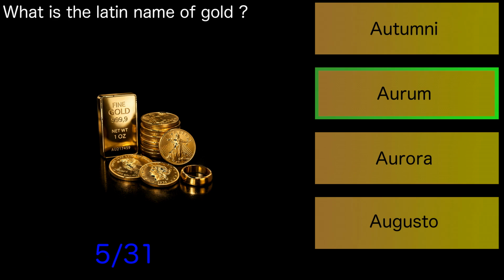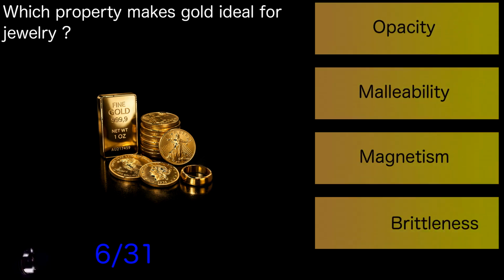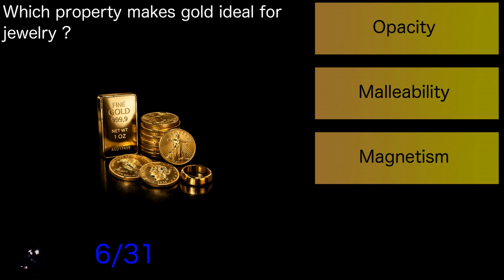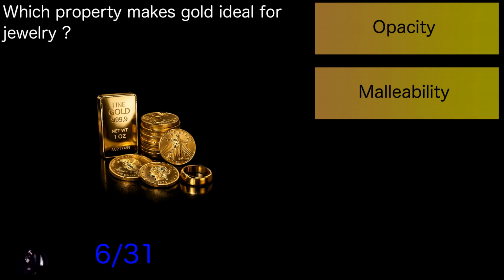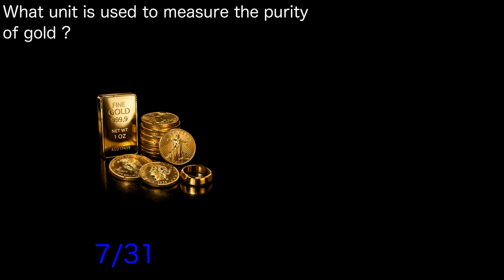Aurum. Which property makes gold ideal for jewelry? Malleability. What unit is used to measure the purity of gold?